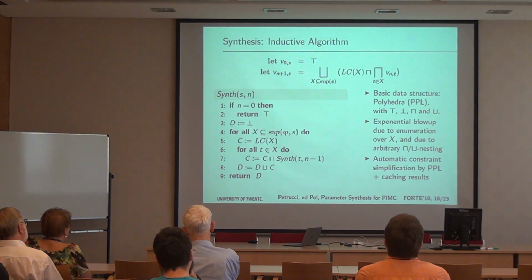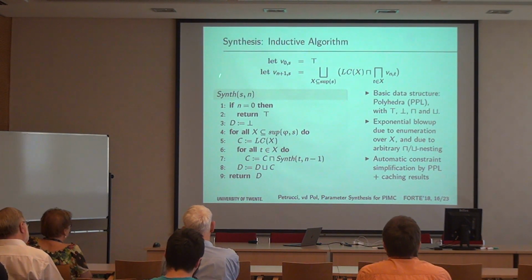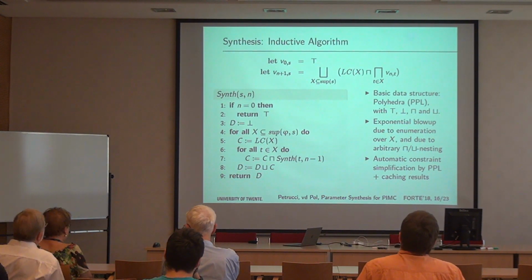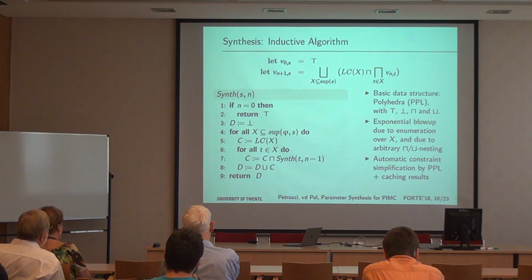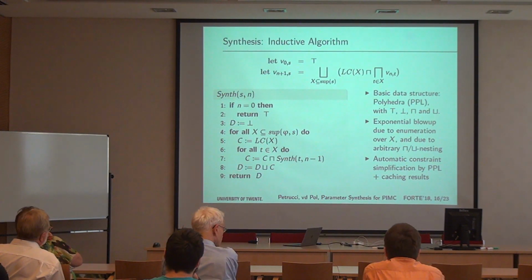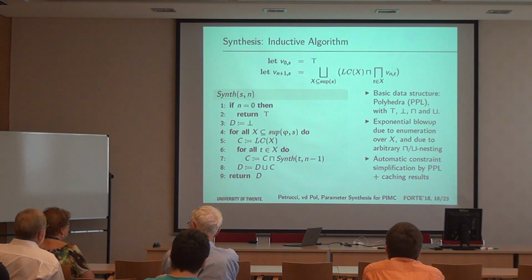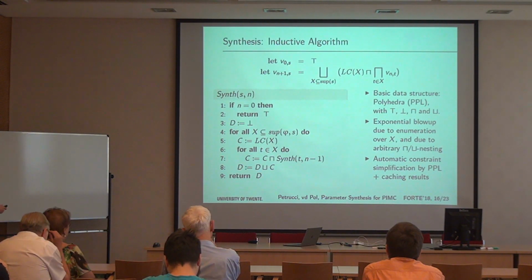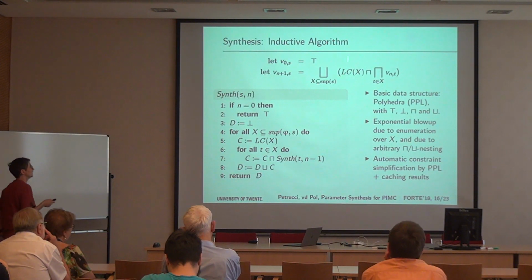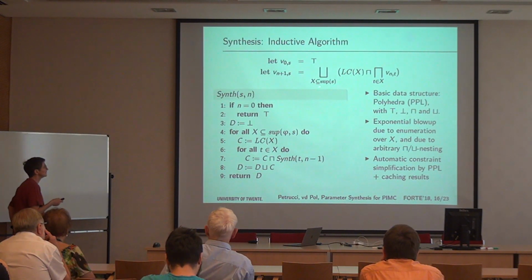And this leads us to some synthesis algorithm here, where we have a basic data structure that is obtained by using PPL, where we use the true and empty operators, the intersection between polyhedra and the union. Here, the problem in this algorithm is here.